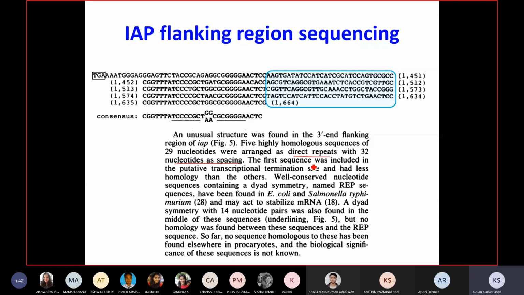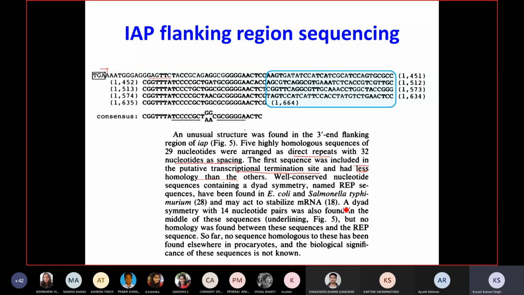The first sequence was included in the putative transcriptional termination site, and it had less homology than the others. So all these sequences were highly conserved, whereas this one was less conserved compared to the others.